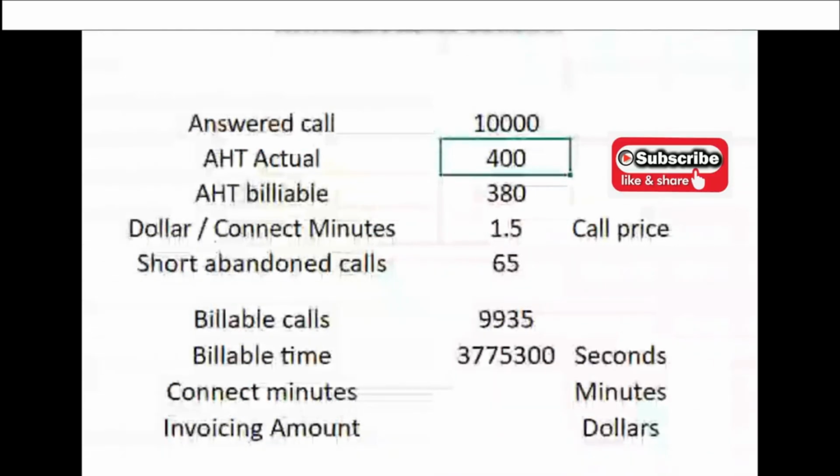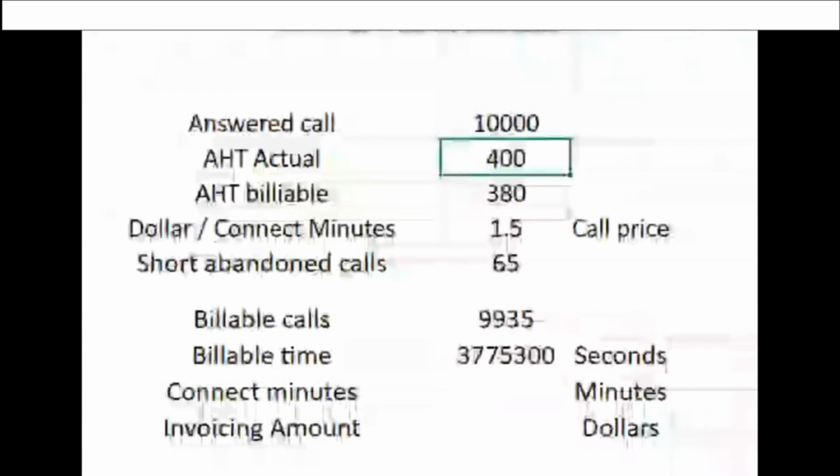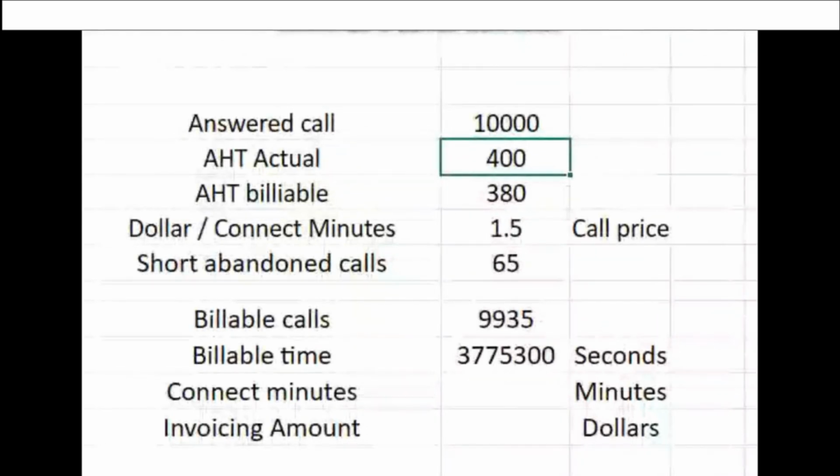So the simple rule is: if the actual AHT is below the billable AHT, the actual AHT is considered. If the actual AHT is more than the AHT billable, then the AHT billable is considered. I hope that is clear.